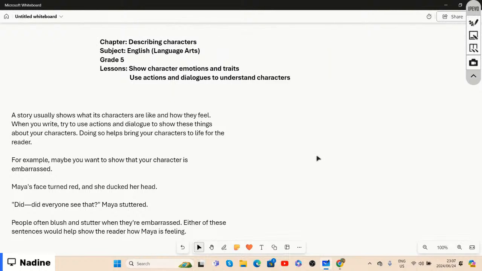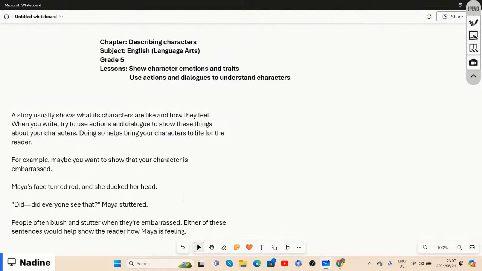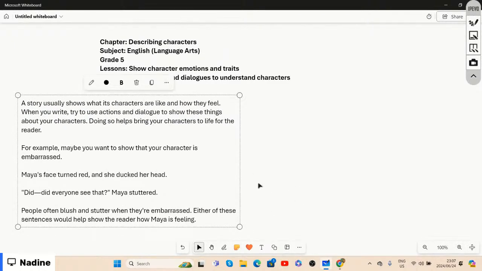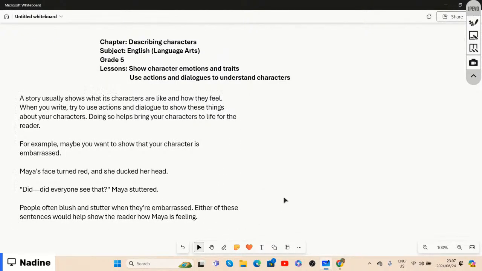All right. So when it comes to describing characters, the first thing that we can think of is either a book or a play, something where there are characters. Whether it's any type of story, that is where we will find specific characters.